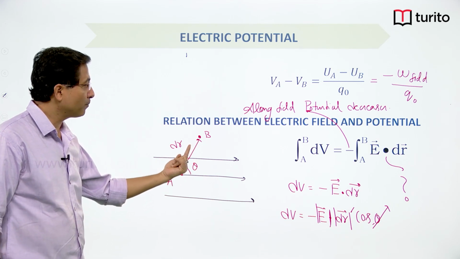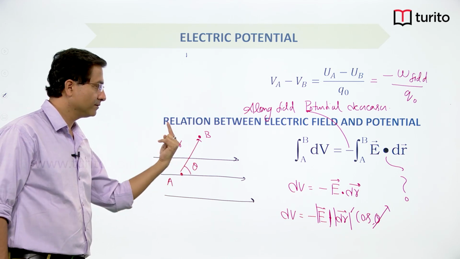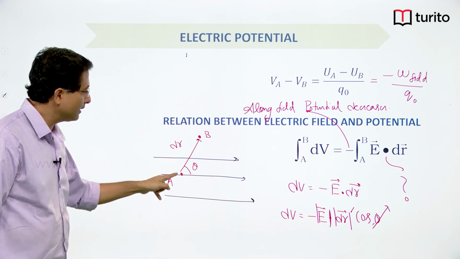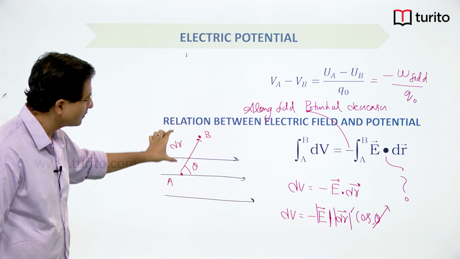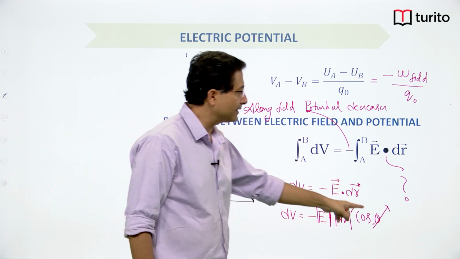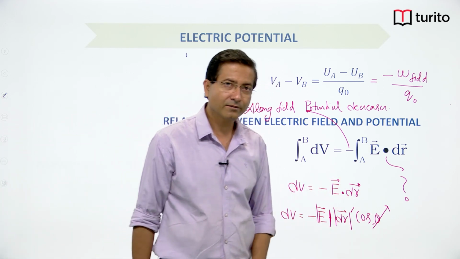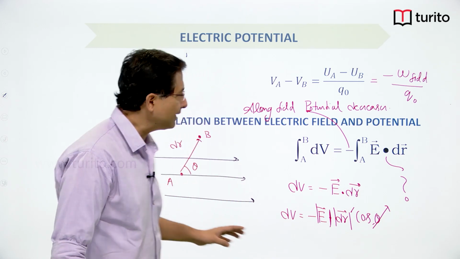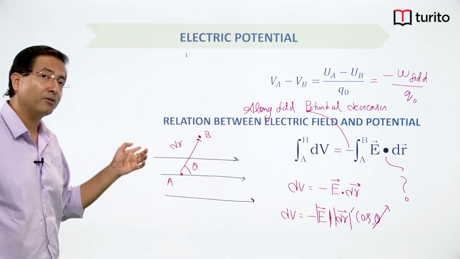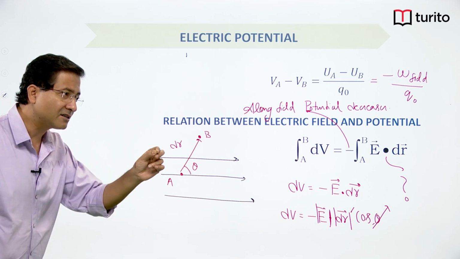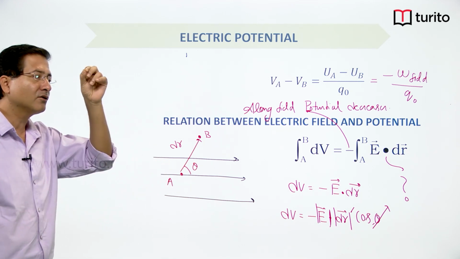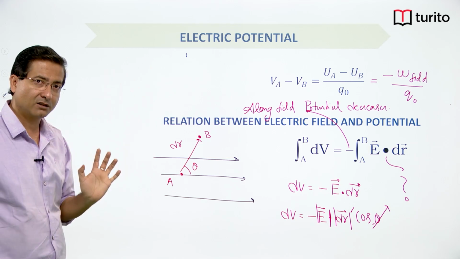If I move perpendicular to the field, from here if I go dr distance this way, then this angle will become 90 degrees and the difference will be 0. So, point A and point B will have the same potential, depending on whether we are covering dr distance along the field, perpendicular to the field, or any other direction.